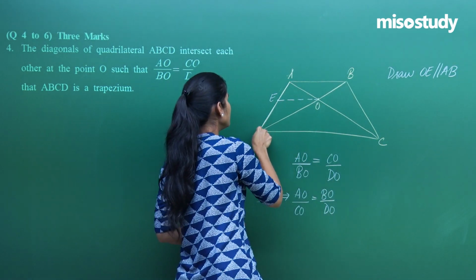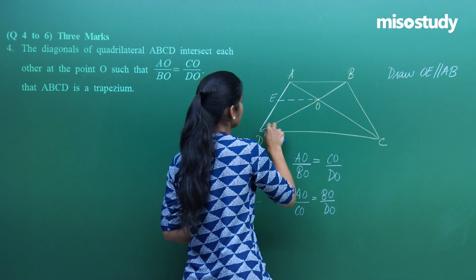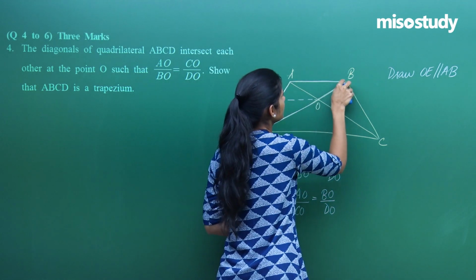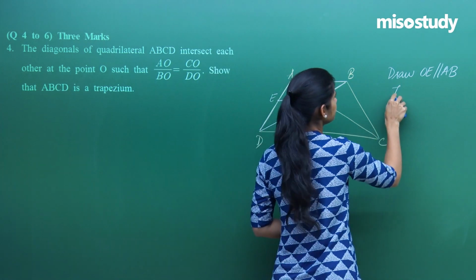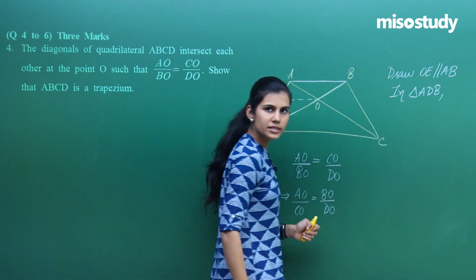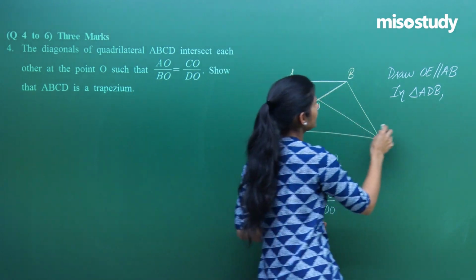And now focus upon this triangle. Which triangle? This is triangle ADB. In triangle ADB, what is it that you have? EO is parallel to AB.